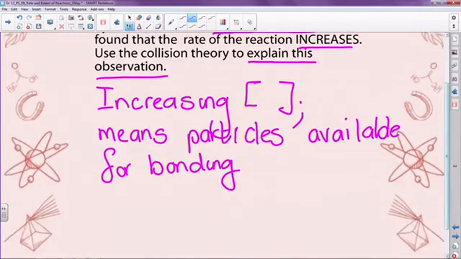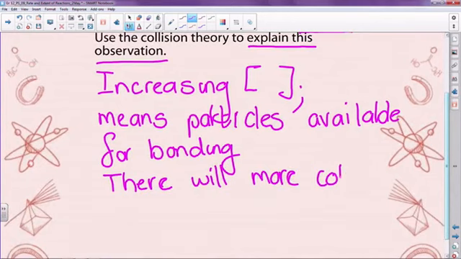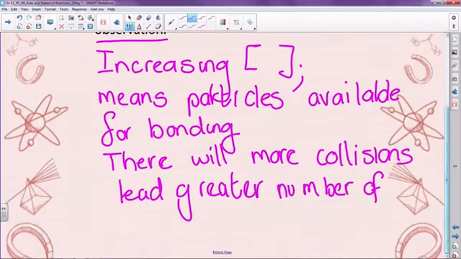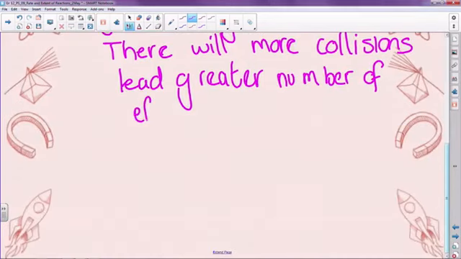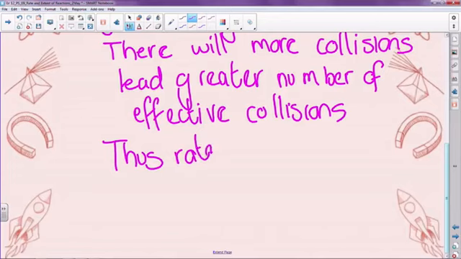If there's more particles available for bonding, there will be more collisions, which lead to a greater number of effective collisions. Thus, the rate of reaction increases.